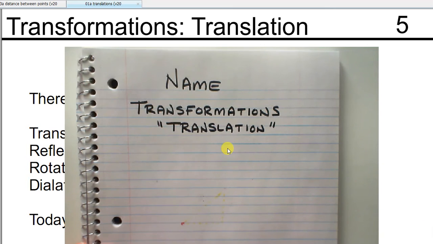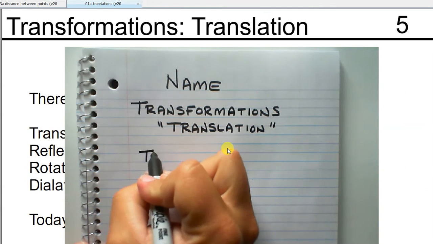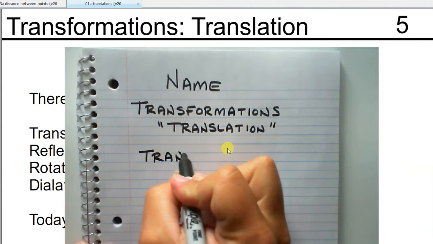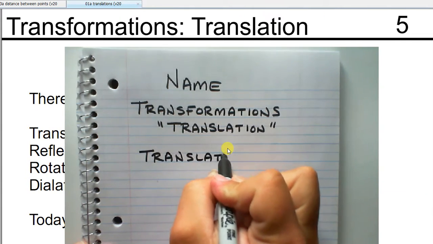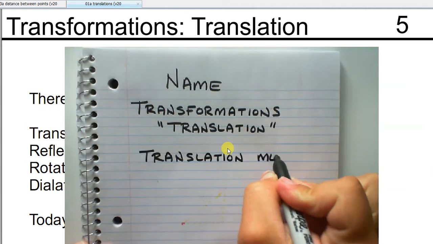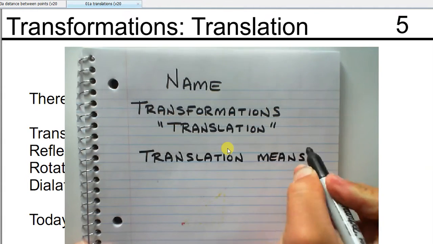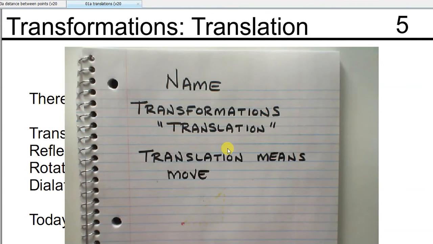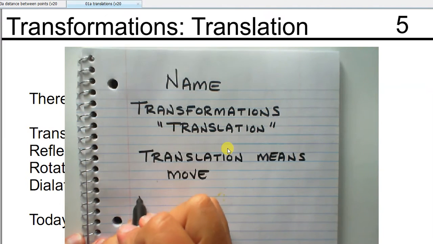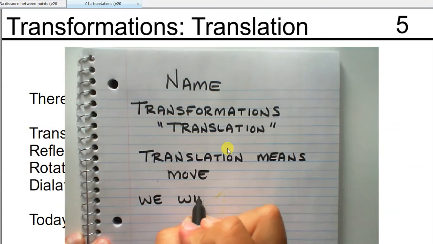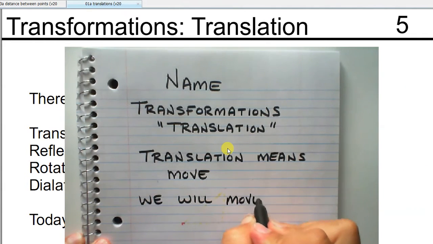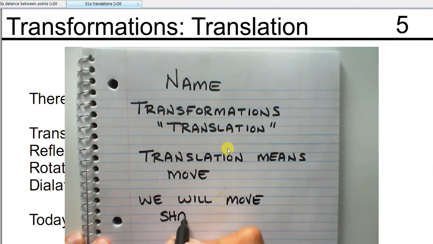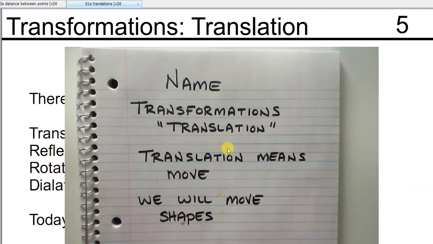And translation means move. We're going to move objects. We're going to move shapes.